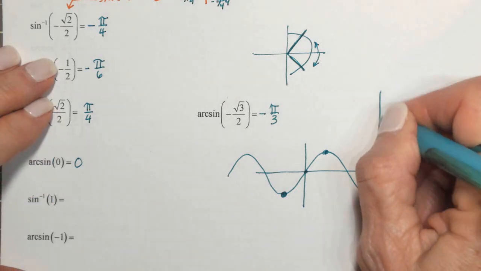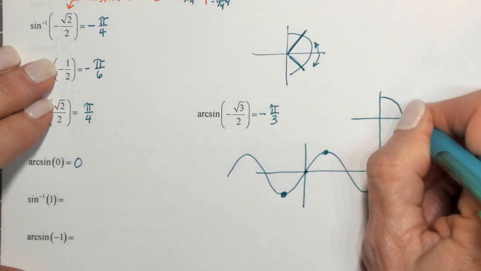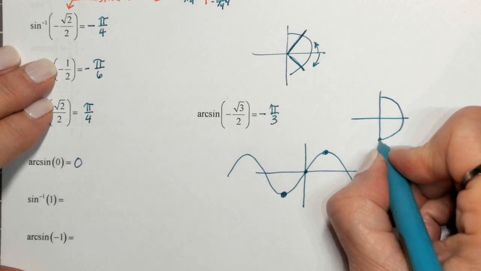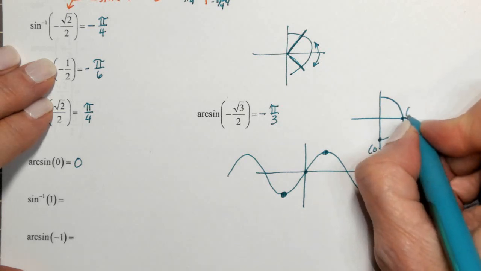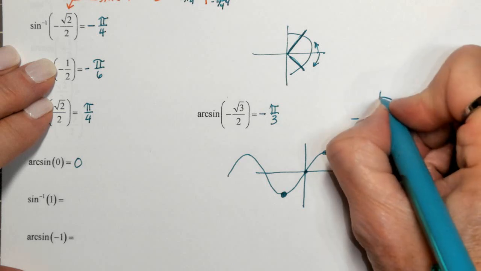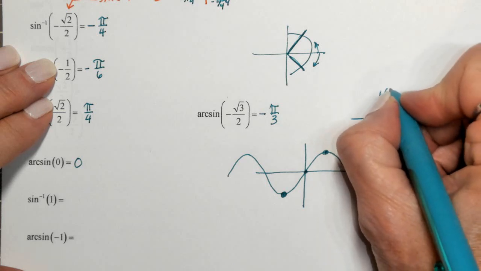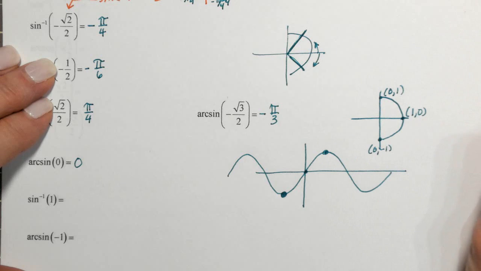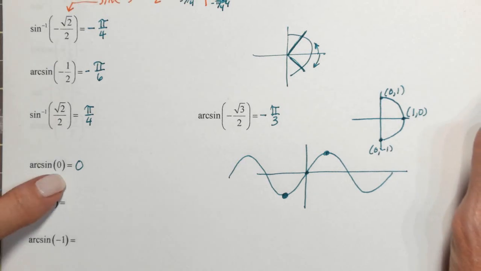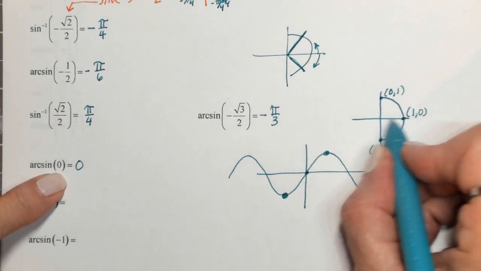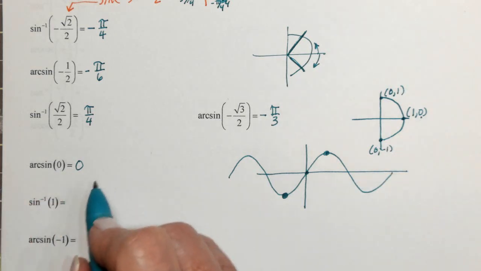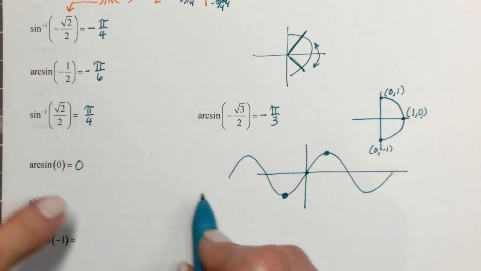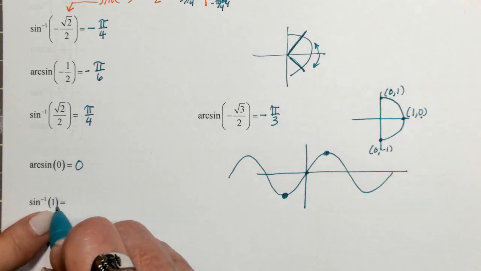The other way you can do that is think on the unit circle this way. At 0 radians, sine is 0. Alright, sine inverse of 1.